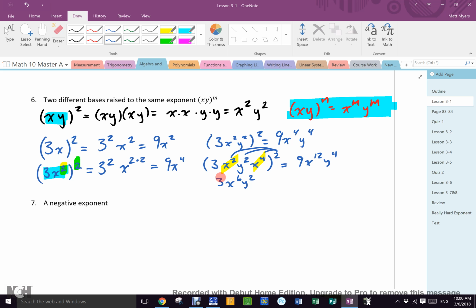So I would like for all of you to write the following on your piece of paper somewhere under negative exponents, right here where it says negative exponents. Start with this. 2 cubed equals what? It equals 2 times 2 times 2, which equals what? 8.